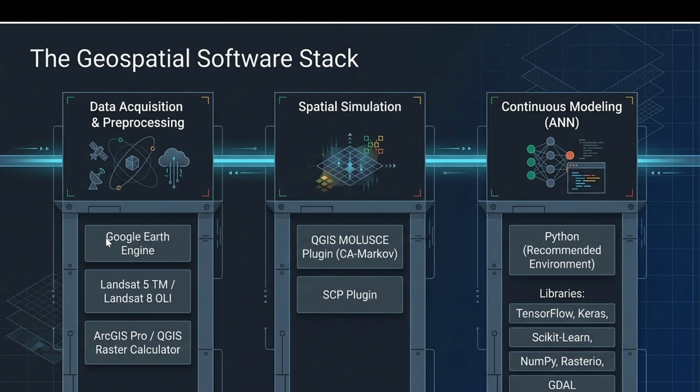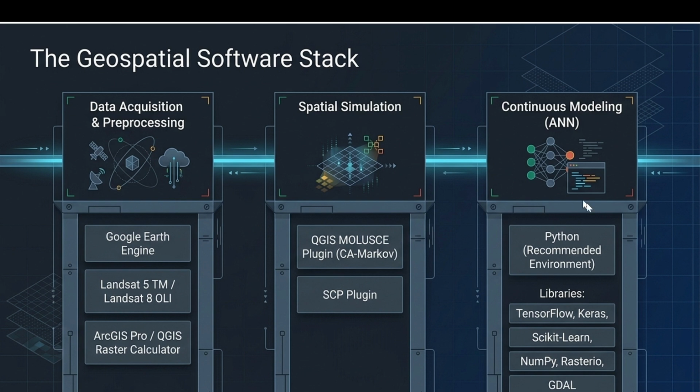So we can use Google Earth Engine to create our data or parameters; LST we can easily generate from Google Earth Engine using Landsat 5 and 8. We can also use ArcGIS Pro or QGIS for processing the GeoTIFF files. After that we apply the QGIS plugin for the CA-Markov model and make the simulation. So this is one part.